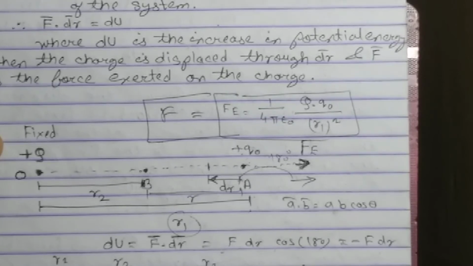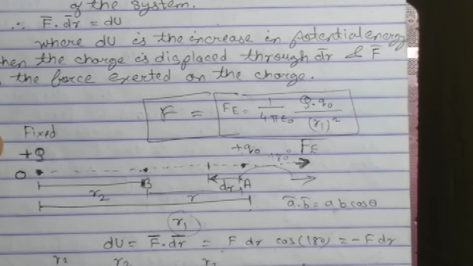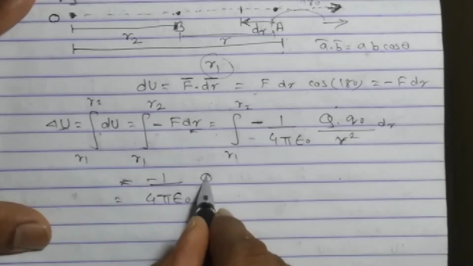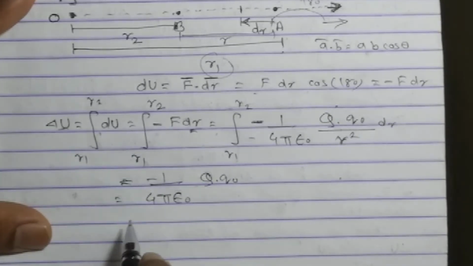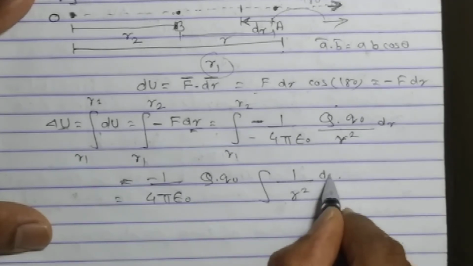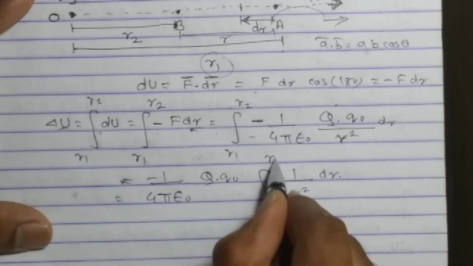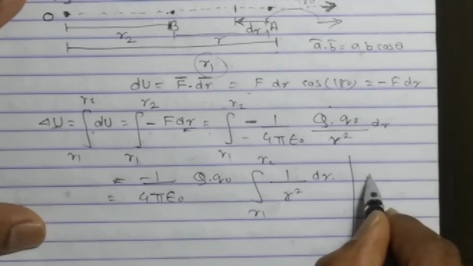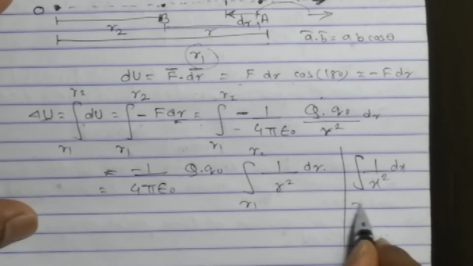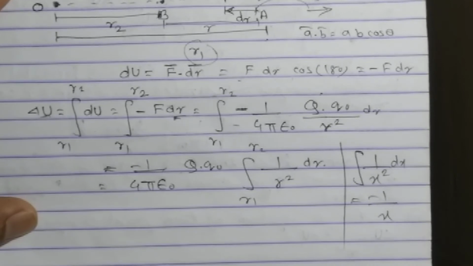Simple mathematics is there. Minus 1 upon 4 pi epsilon naught I will take outside, q into q naught I will take outside. Now the integration of 1 upon r square with respect to dr from r1 to r2. Students, we know the integration of 1 upon x square is minus 1 upon x.